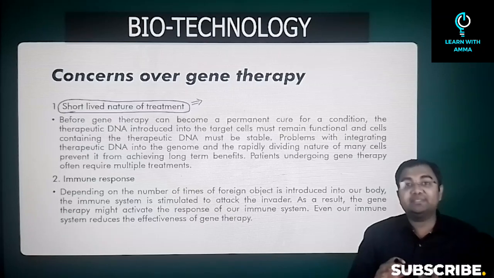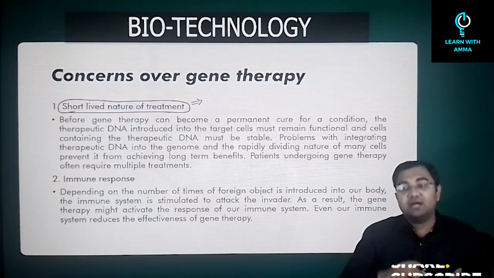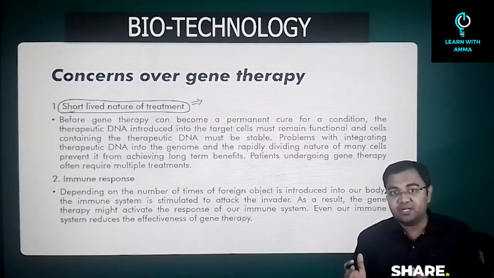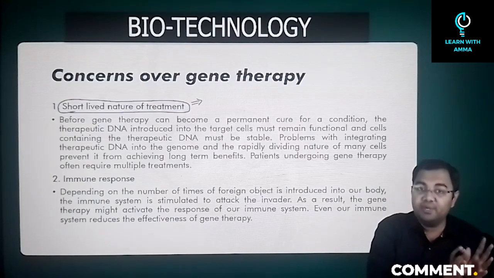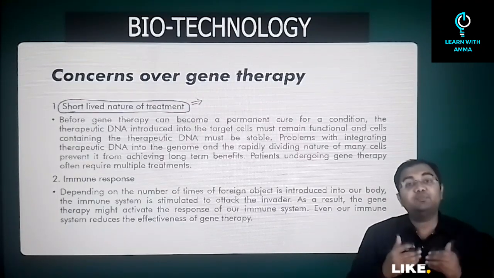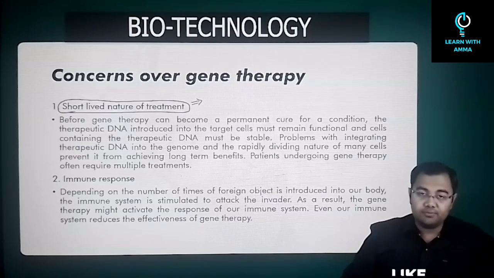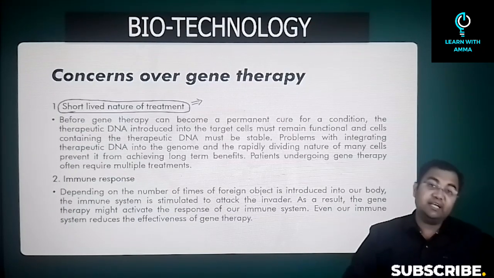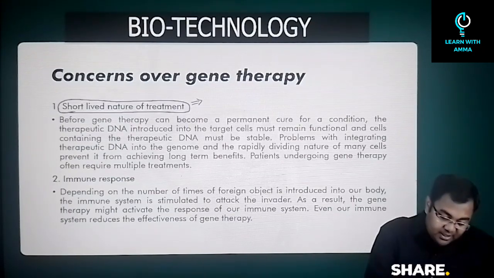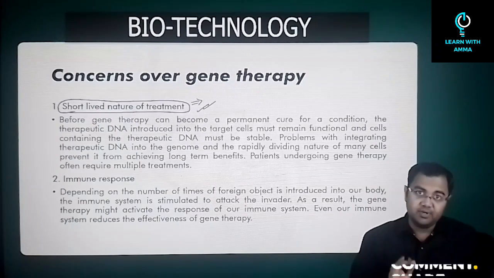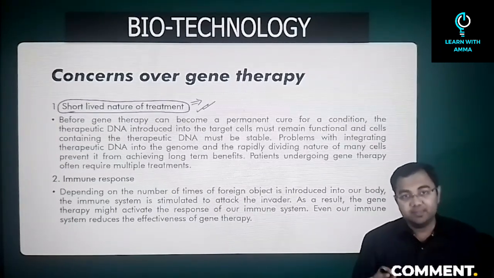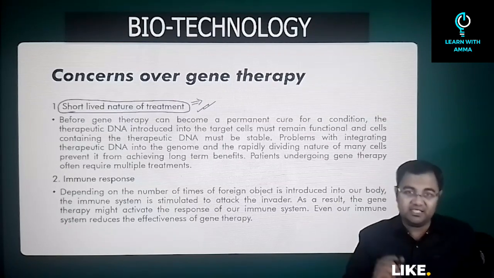So this gene therapy that was working for some time, after many cycles of cell division, ultimately may not be functional anymore, and would have been replaced by the old system of working in the body. So there is a possibility that gene therapy will be short-lived. This is one reason why gene therapy hasn't been seen to be very successful.